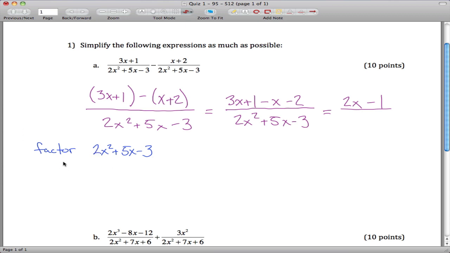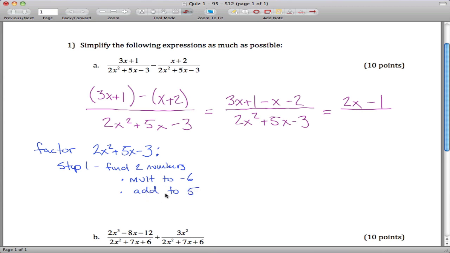So step 1 is you need to find two numbers that multiply to negative 6 in this case, whatever 2 times negative 3 is. So multiply to negative 6 and add to positive 5, being the number in the middle here.